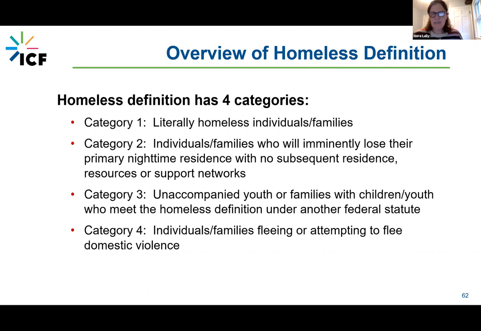A second element of the category 1 definition is people who lack a fixed adequate residence and are in a shelter, transitional housing, or a motel or hotel paid by a third party. Living in a shelter makes sense.